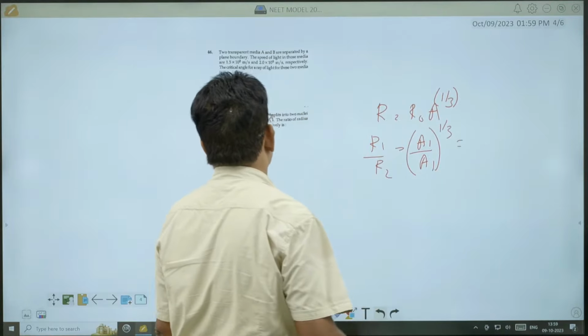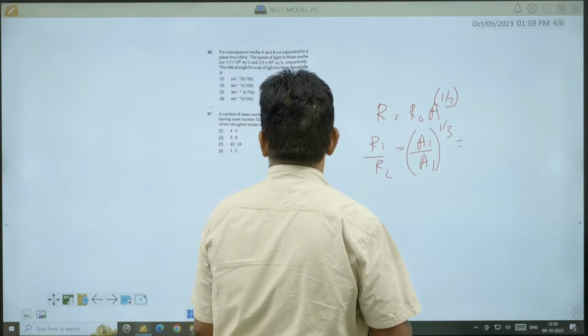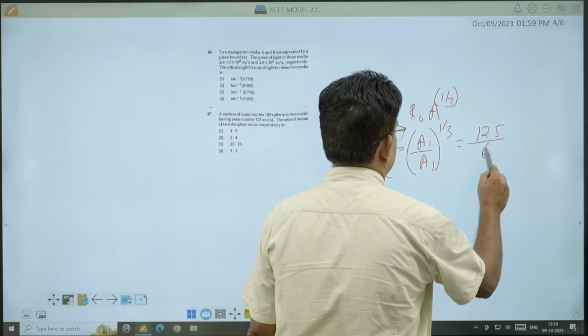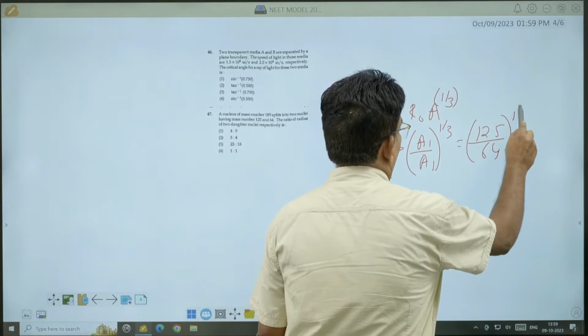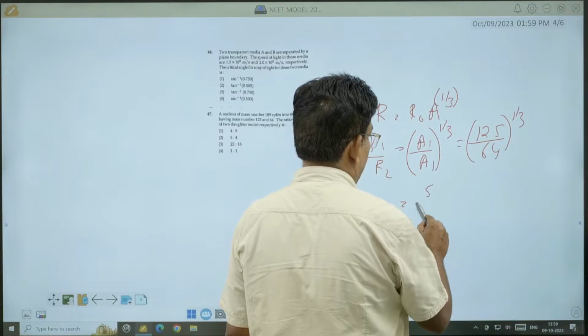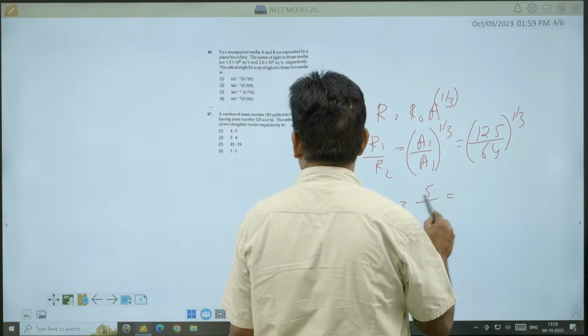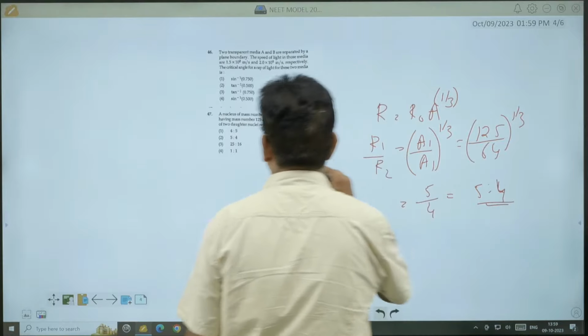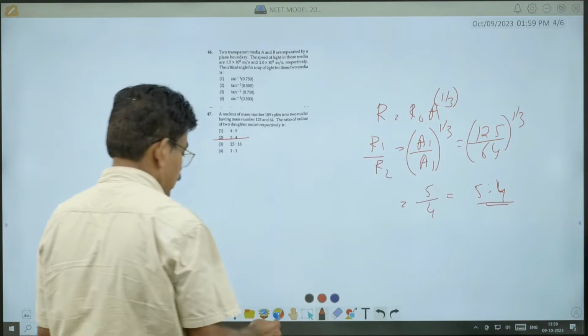A1 and A2 are the mass numbers. Mass numbers of one nucleus is 125, other is 64, whole to the power of 1 by 3. That is, cube root of 125 is 5, cube root of 64 is 4. Your answer is 5 is to 4. And 2 is the correct answer.